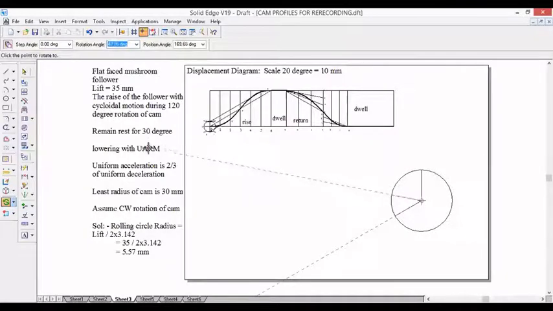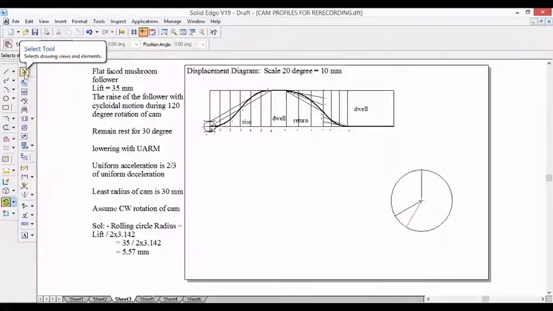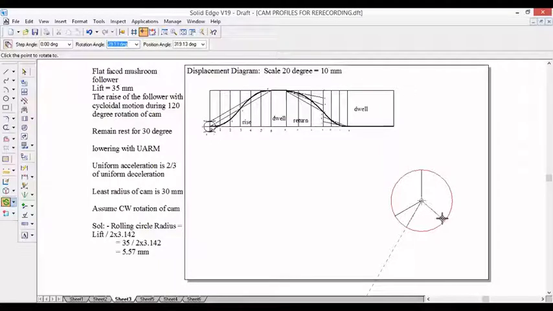The next we have dwell for 30 degree. So angle is 30 degree. And then keep protractor on the line we just completed, and rotate and measure 72 degree.